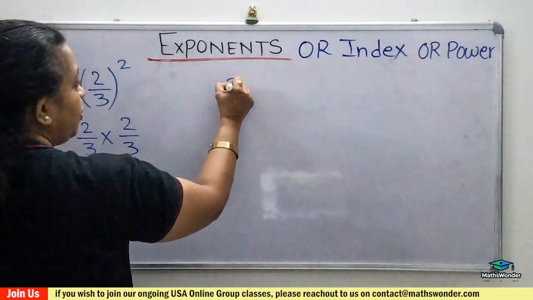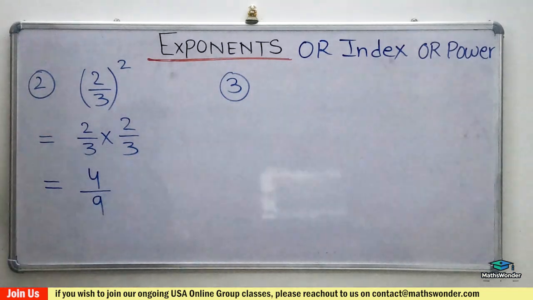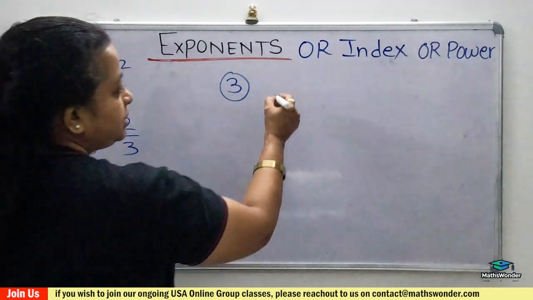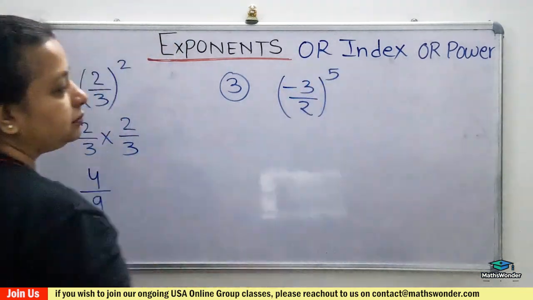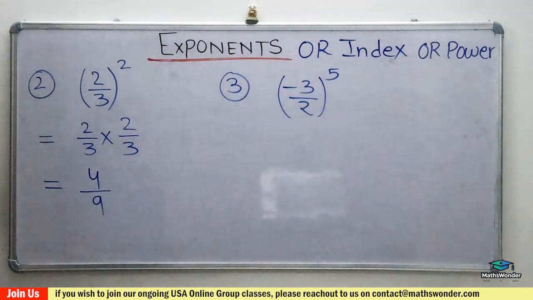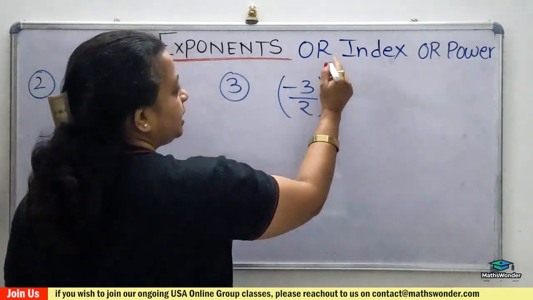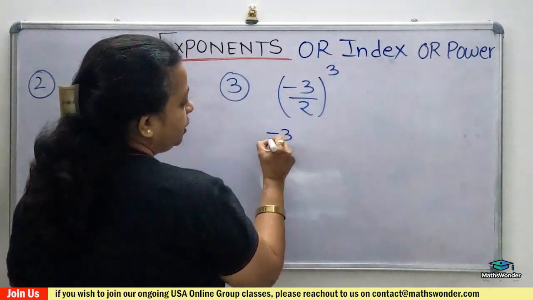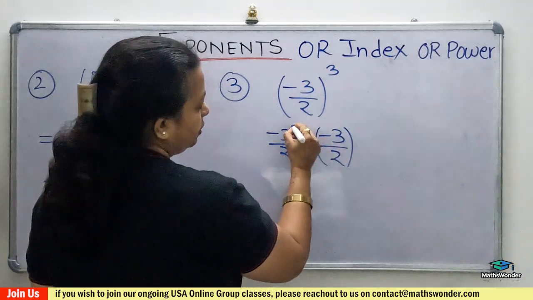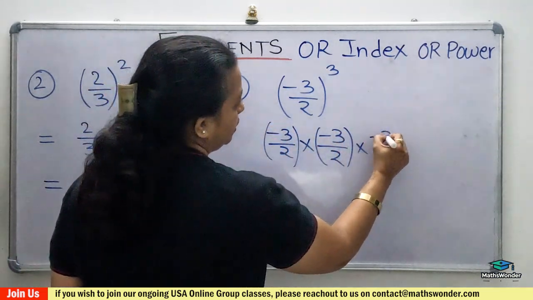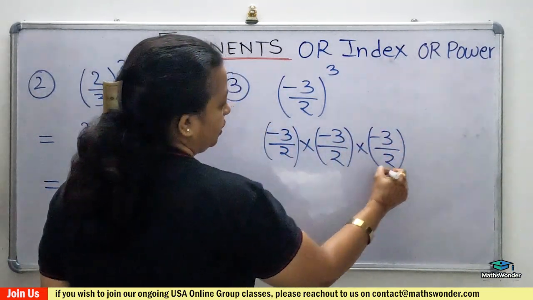The same type of questions you will see in rational number form. Suppose negative 3 over 2 raised to the power 5. Three will be easier, so I'm taking 3 as of now. So negative 3 over 2, negative 3 over 2, negative 3 over 2, right?